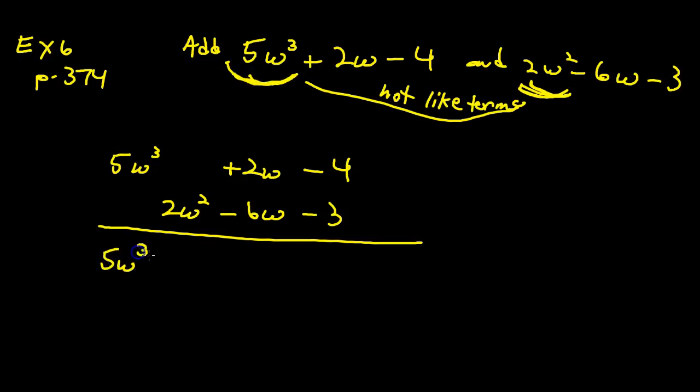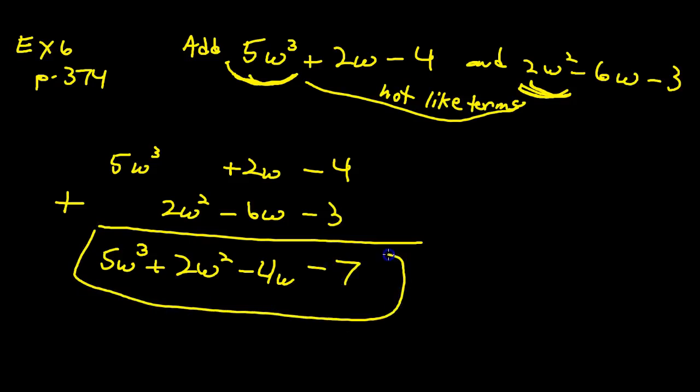I'll carry it down to the final answer. Plus, well, 2w squared, that doesn't combine with anything either. Right? And then the w terms do combine. 2w minus 6w is minus 4w, and minus 4 minus 3 is minus 7. So my result is a 4-term polynomial of degree 3, again with 4 different terms.